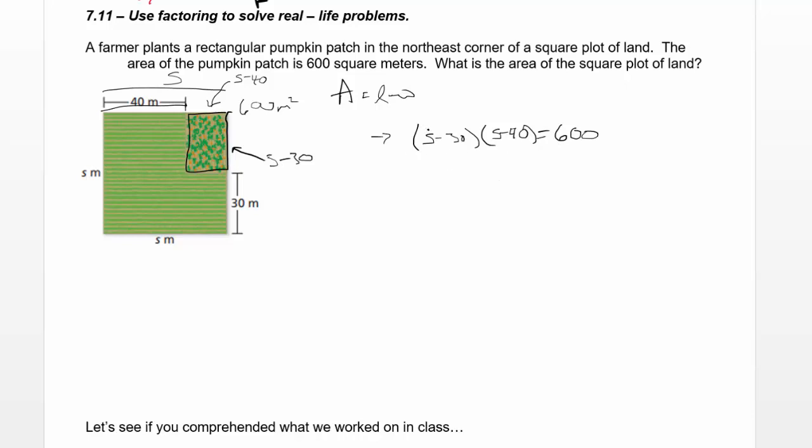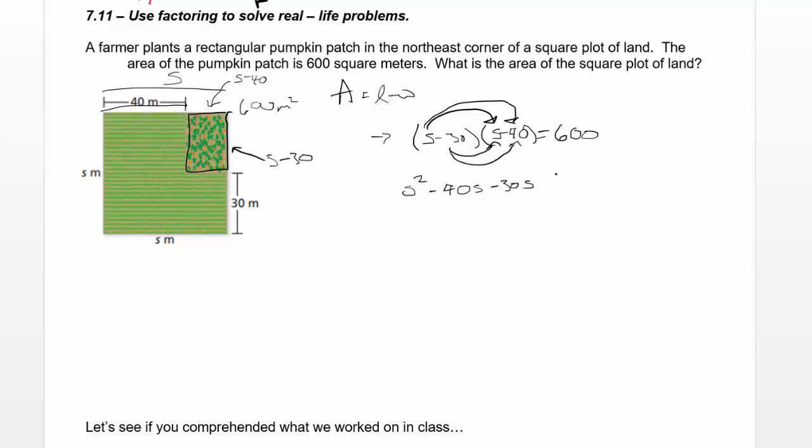So I'm going to multiply this out. I'm going to use FOIL here because I don't want to draw a big box, but you could draw a box if you want. I'm going to multiply this s to the s and the minus 40, and multiply this negative 30 to this s and this negative 40, and get this. S times s is s squared. S times minus 40 is minus 40s. Minus 30 times s is minus 30s.